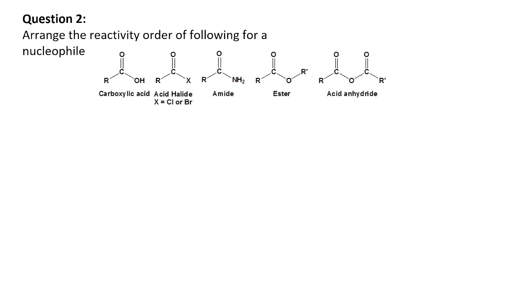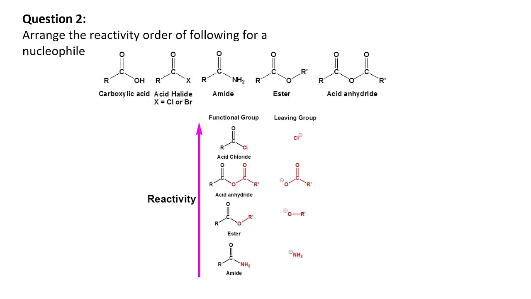If you notice, there is one carbonyl bond in each of them. This is the carbonyl, this is the carbonyl, and it has an electrophilic center; this carbon in all of them is electrophilic in nature.